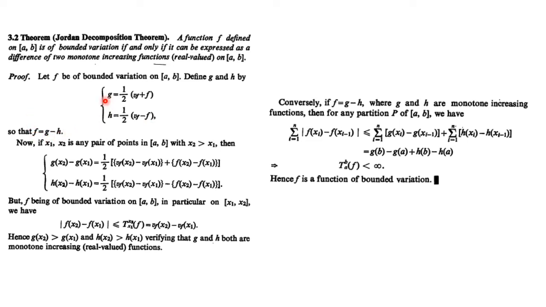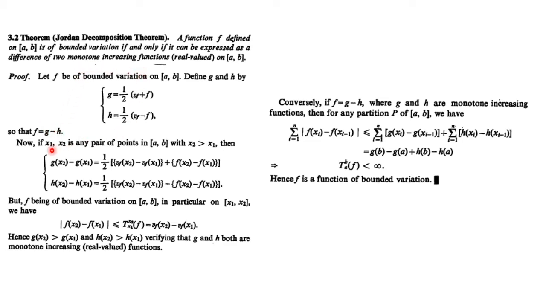So if we define g and h in such a way that g is half of Vf plus f and h is half of Vf minus f, then our f can be written as the difference of these two. Here Vf denotes the variation function. Now we want to show that g and h both are monotone increasing functions.